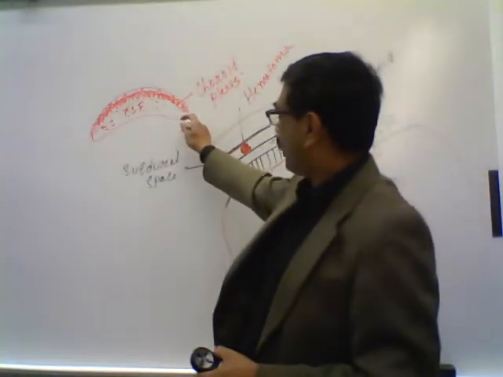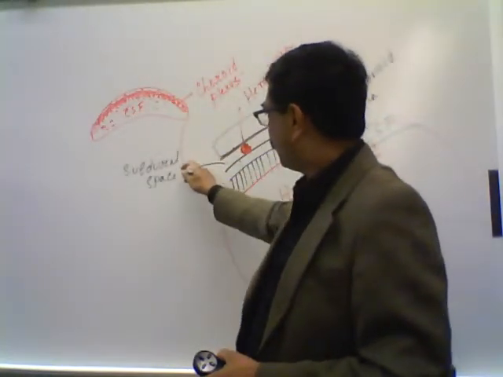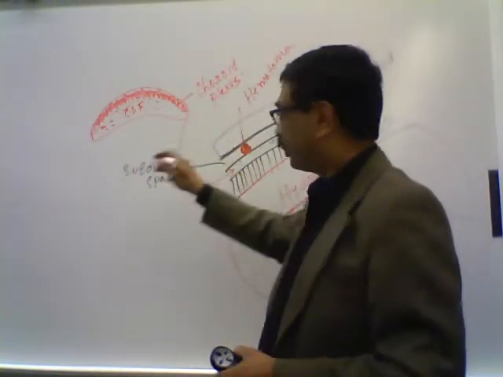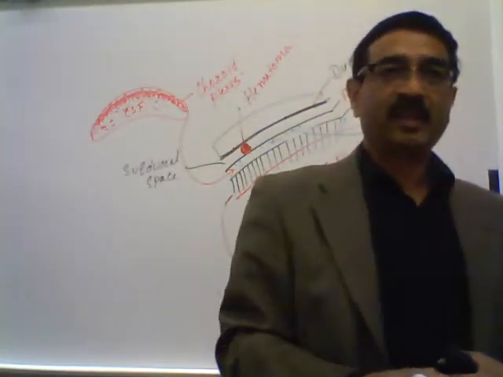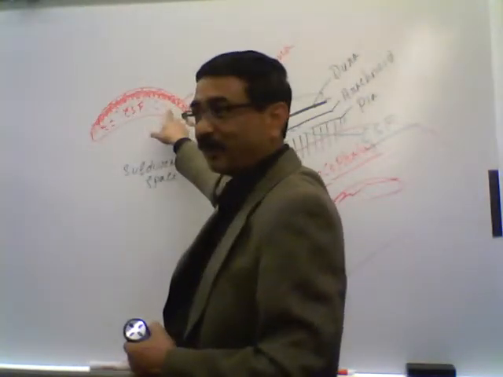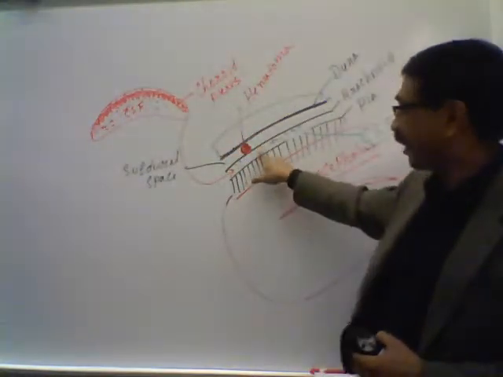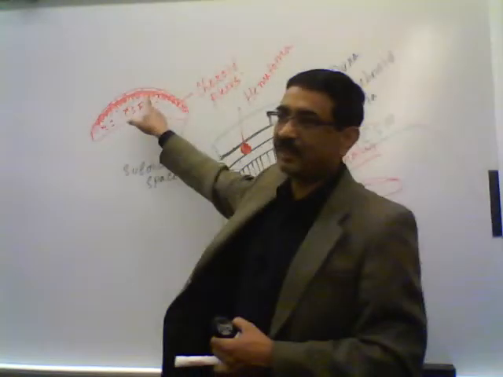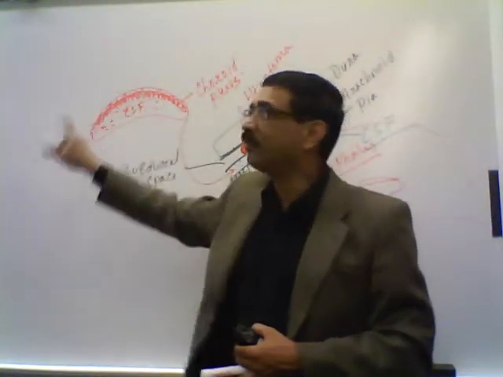So remember, from the ventricle, the fluid enters into the subarachnoid space, because we know that those are the two locations where you will find the cerebrospinal fluid, right? One is in the subarachnoid space and another is inside the ventricles of the brain.